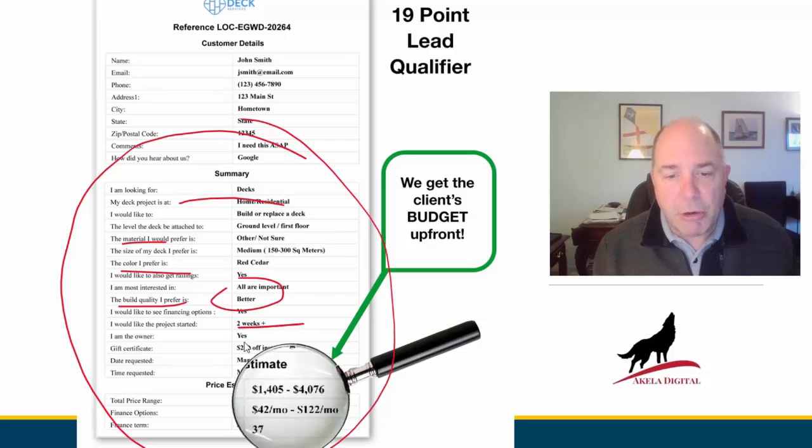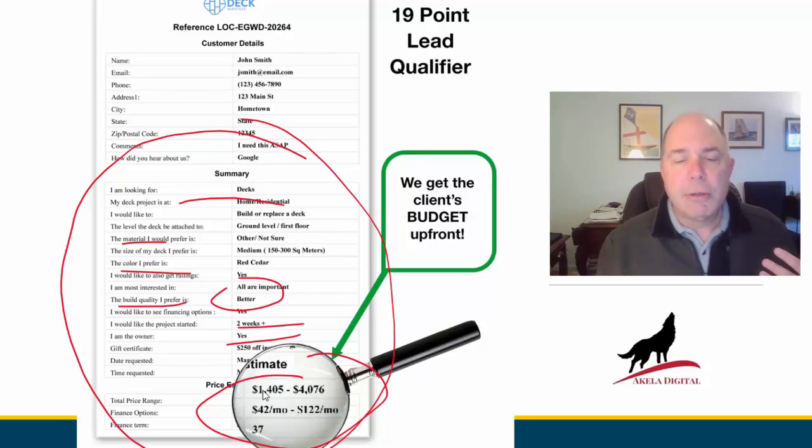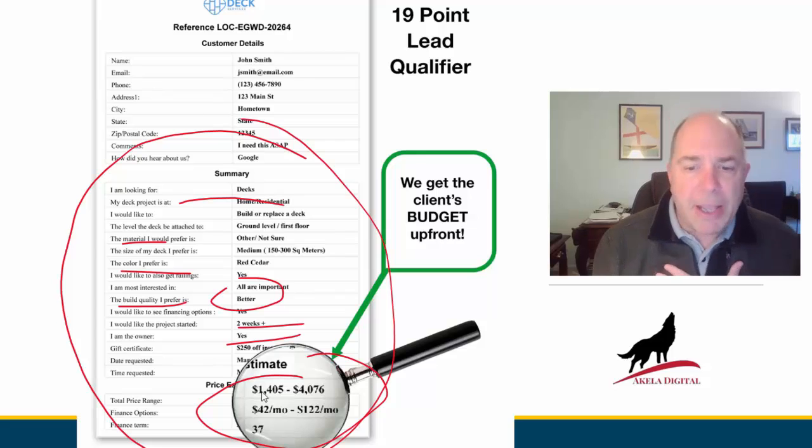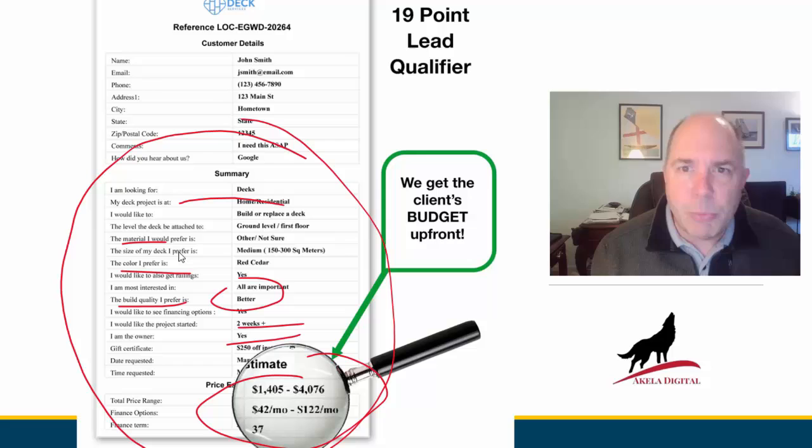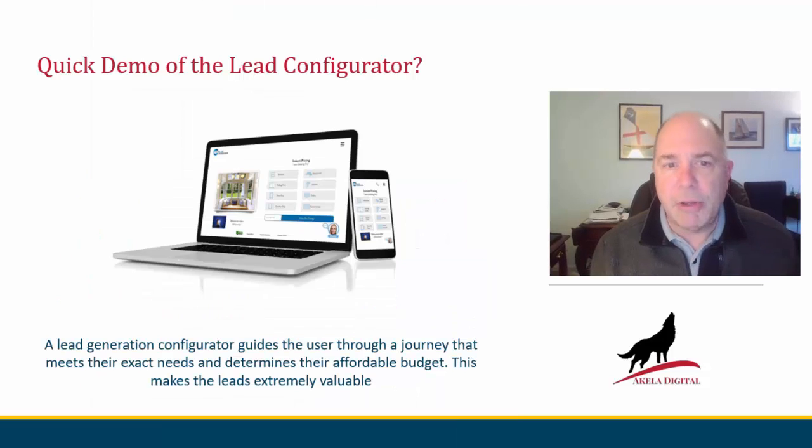When do you want to start? Am I the owner? And here's the key, right? How much is my budget? What should I expect to pay for a job like this? This is what you get, and more importantly, this is what your user, your visitor gets by using the program.